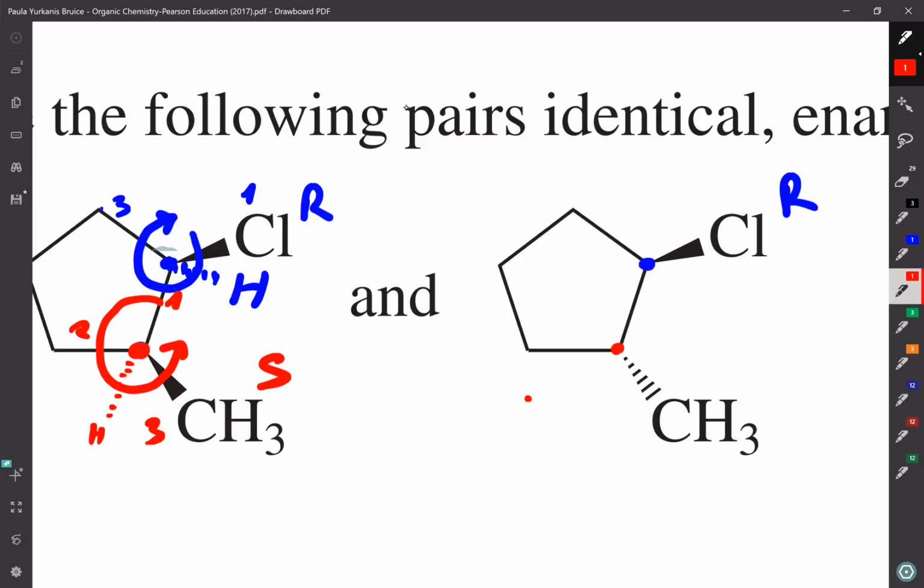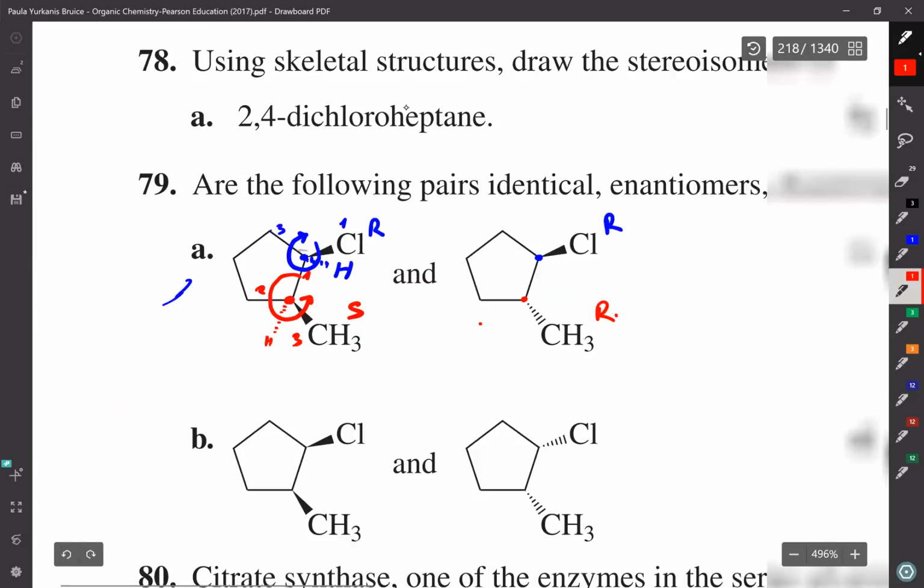So the configuration will also be the opposite. So this will be an R configuration. This is how you save time. You don't want to keep repeating the same stuff that you've done already.